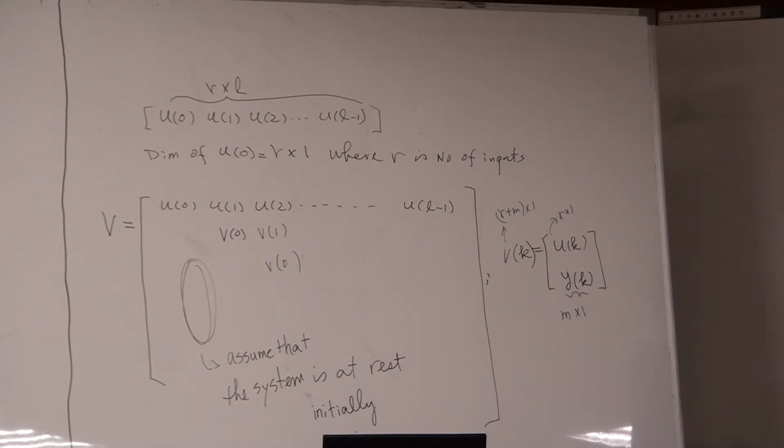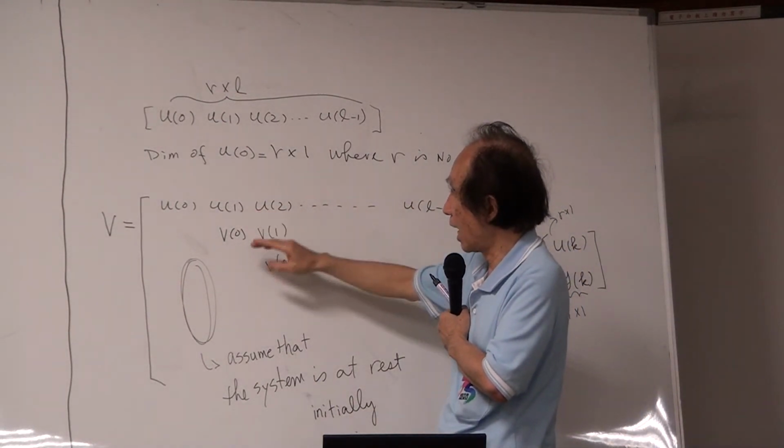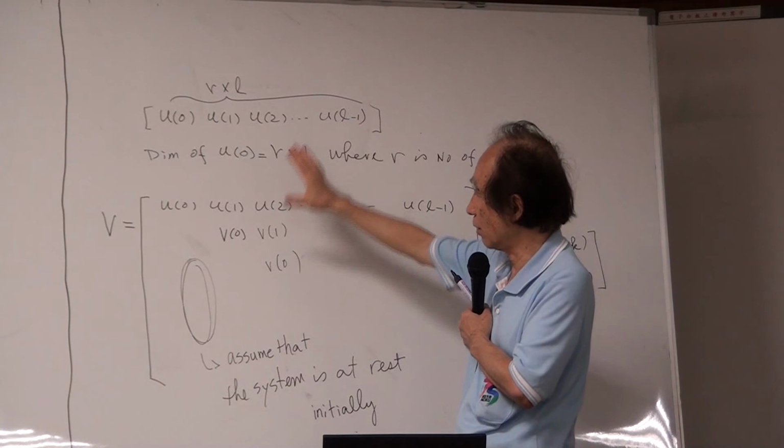If we cut the U line off, we have to cut the Y line off too. I'll explain that later. Assume we know that definition. This is nothing but my input data and output data, formed this way.